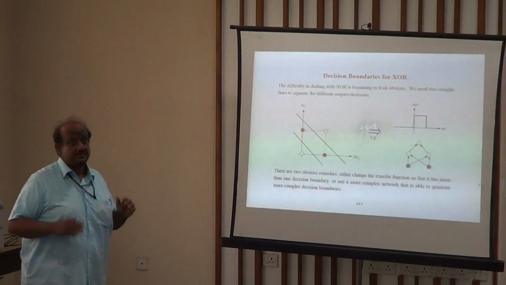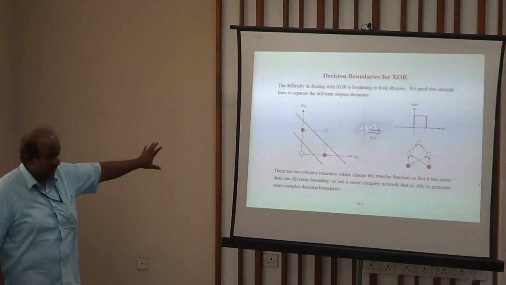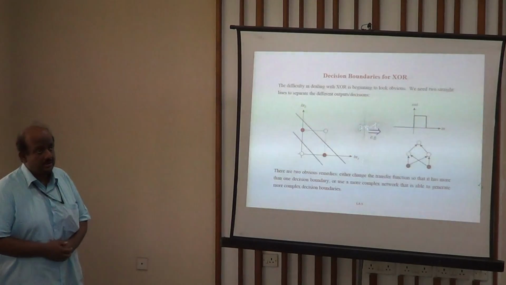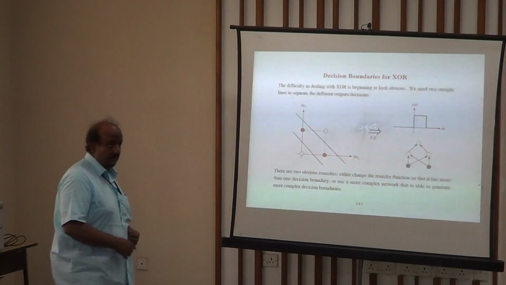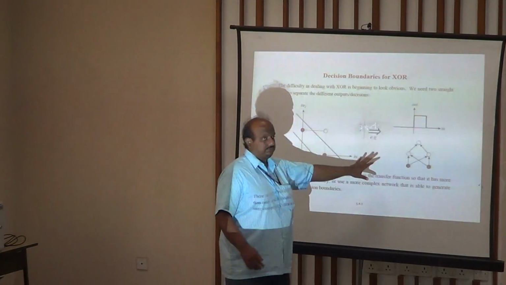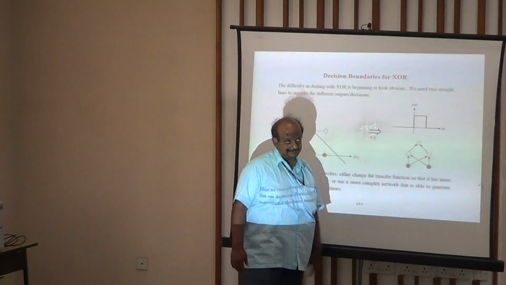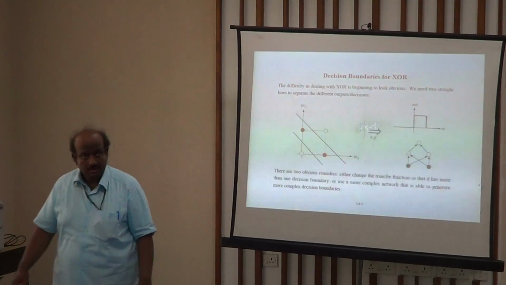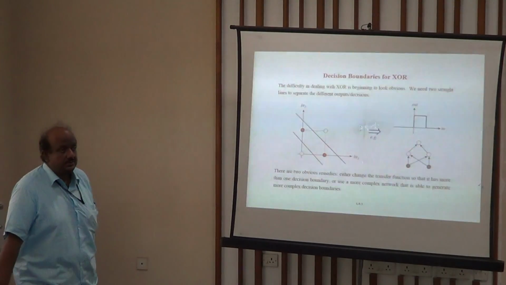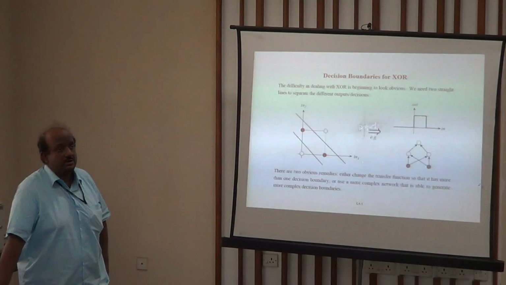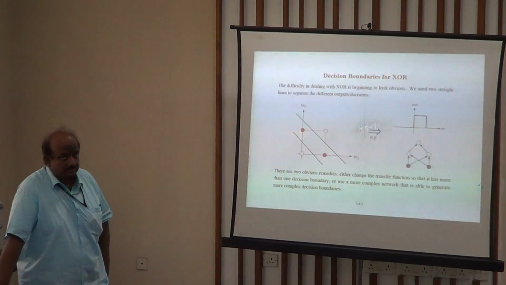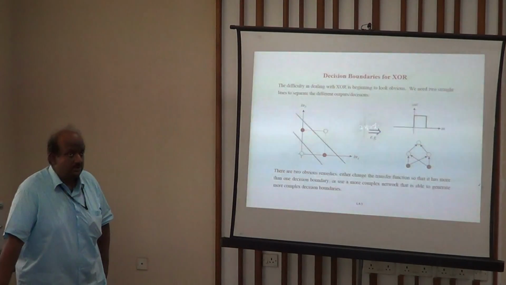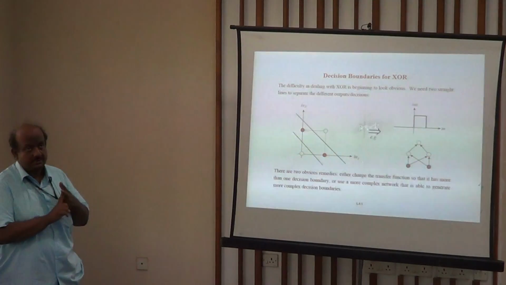Think of the other situation. It is not XOR. In some other situation, if it happens that even with 9 parameters you cannot have a choice which satisfies all the inequality conditions, then what is the interpretation? There are two possibilities.